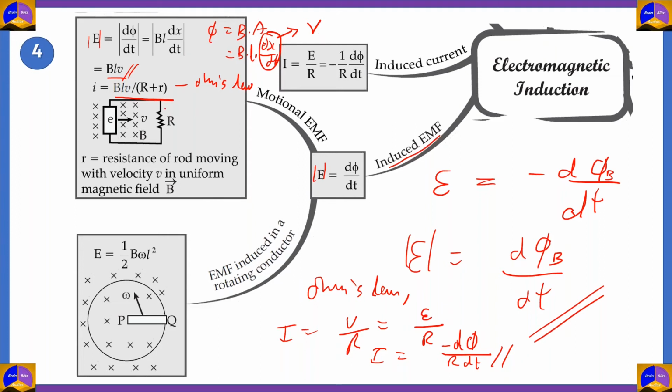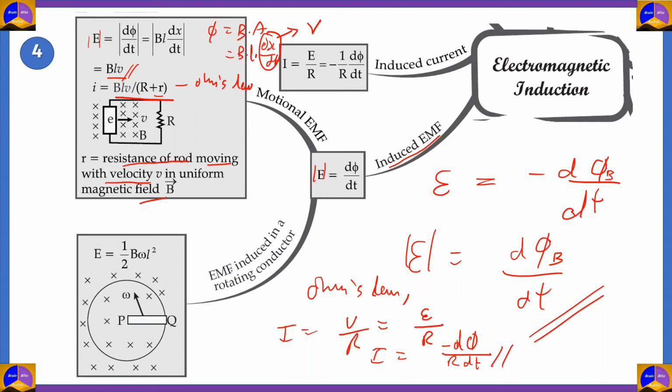And over here, the small r is given as the resistance of the rod moving with velocity v in the uniform magnetic field. And capital R is the resistance which is already present inside the loop, the rectangular conducting loop.